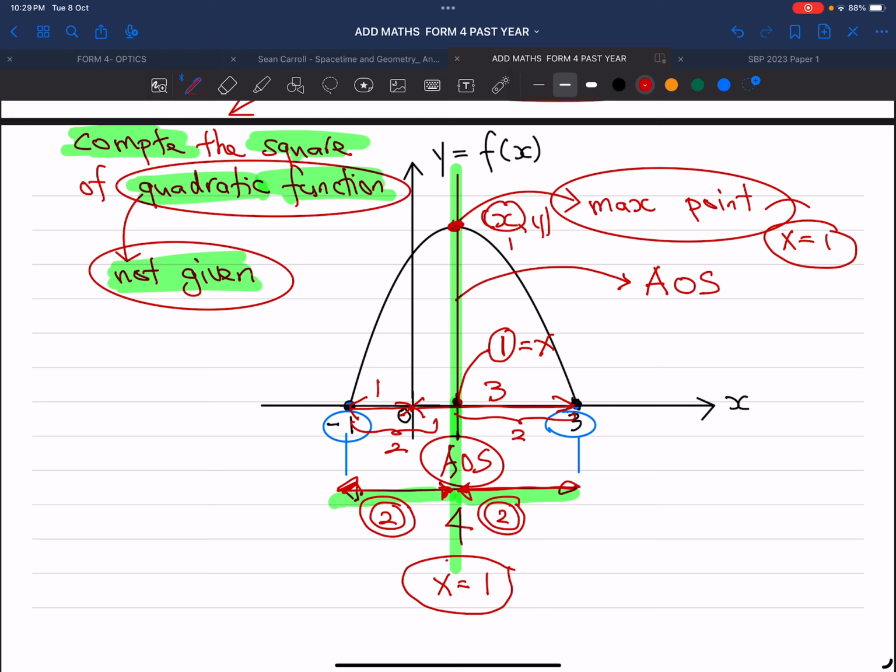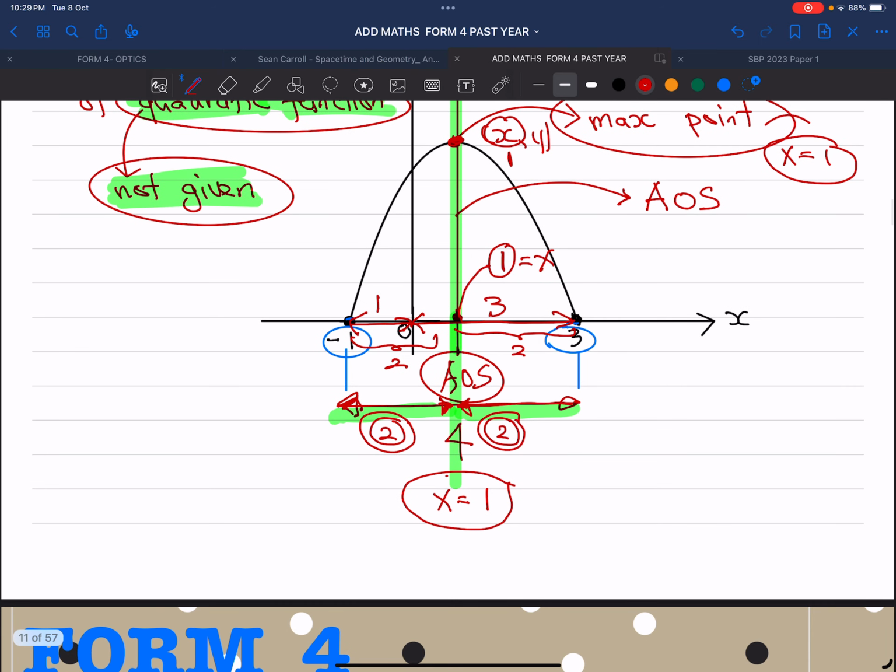We don't know the y coordinate. So x equals 1 is the equation of the axis of symmetry, which is our answer.